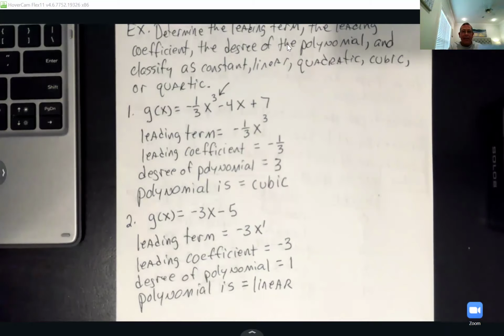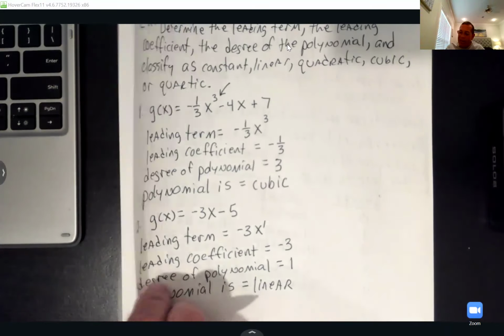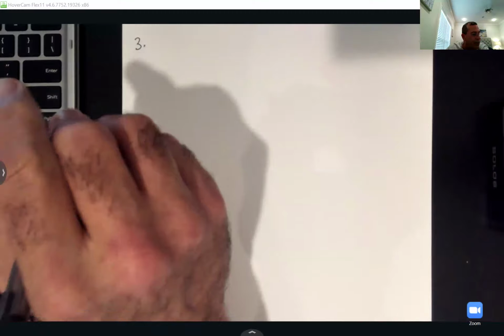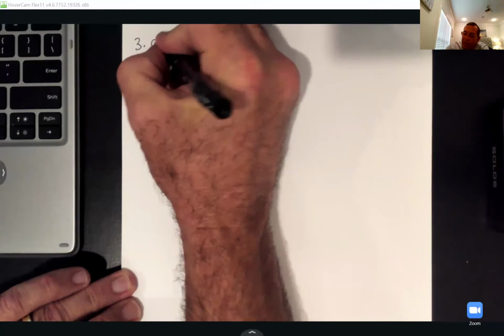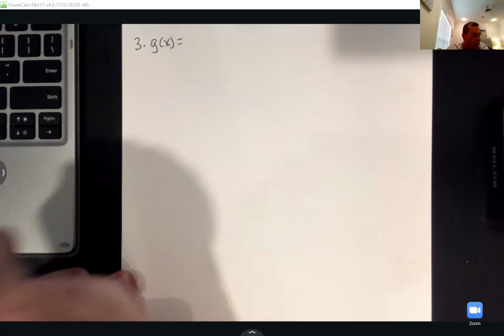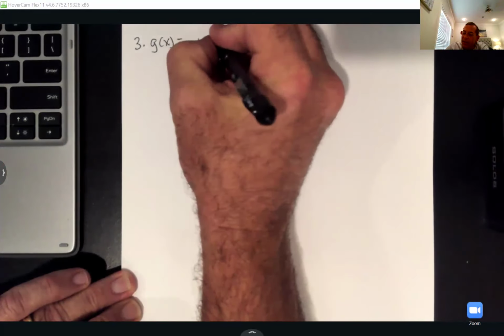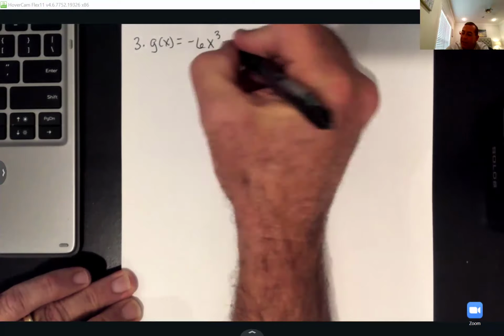All right, so y'all get an idea? So we're about to try some more of these then. I think there's like 6 or 7 of these in the homework, but that's all you're doing is just answering those questions. All right, y'all, for number 3, let's see what y'all do. G of x equals -6x to the third minus 8.